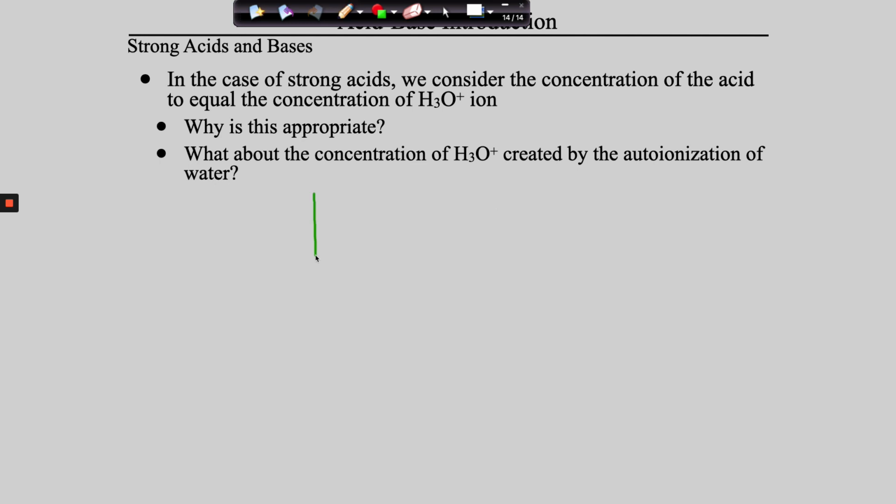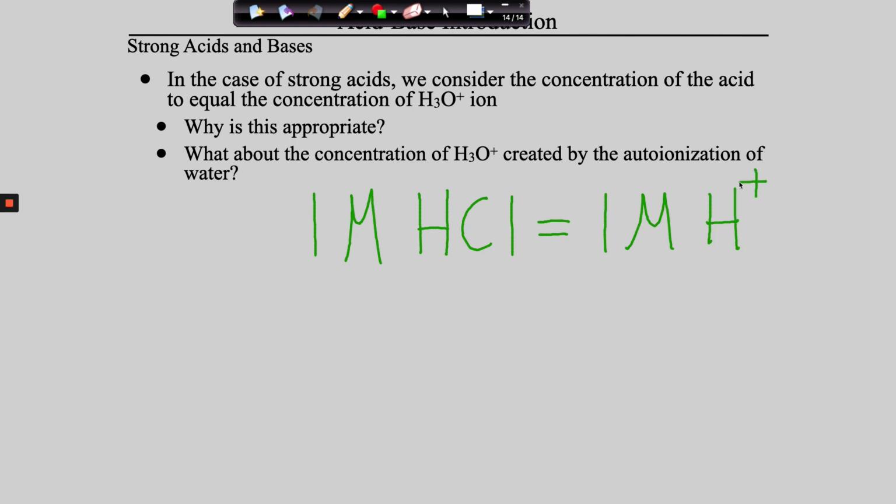So guys, the bottom line is this. Let's just do this together to wrap up. Let's use easy numbers. We have 1 molar HCl. What is the pH? 0. So guys, the idea is this. If it's 1 molar HCl, we're going to call that the same as 1 molar hydrogen ion concentration.